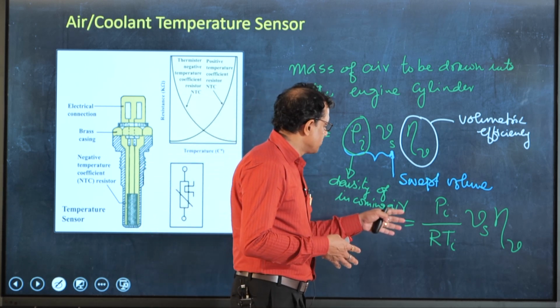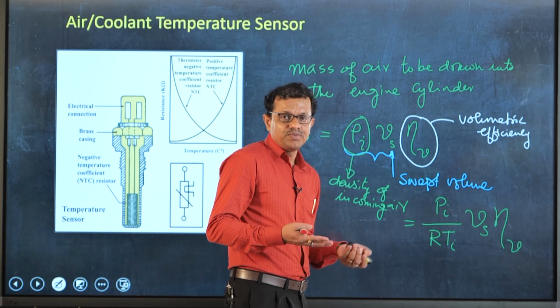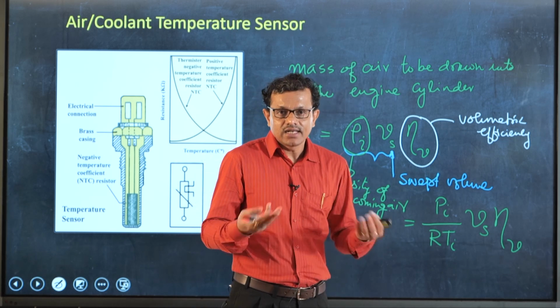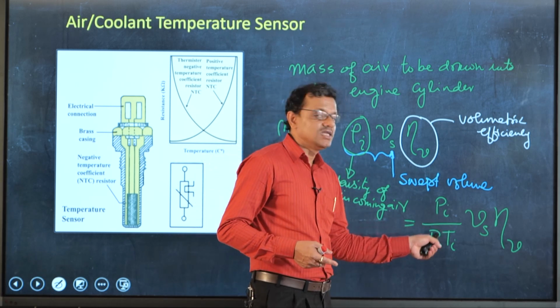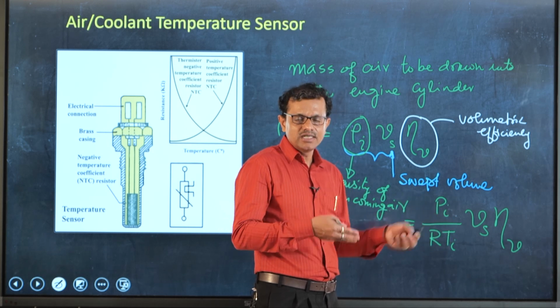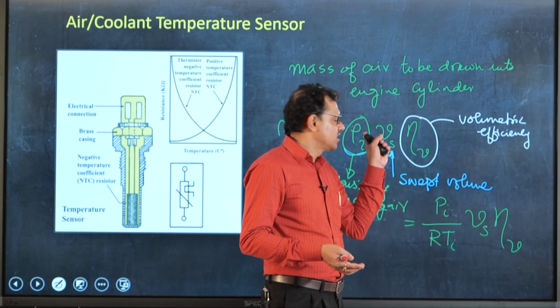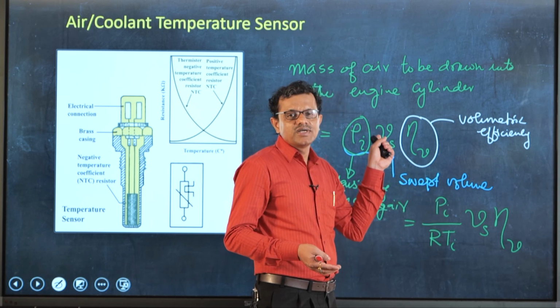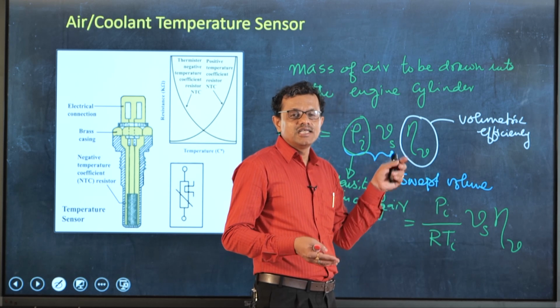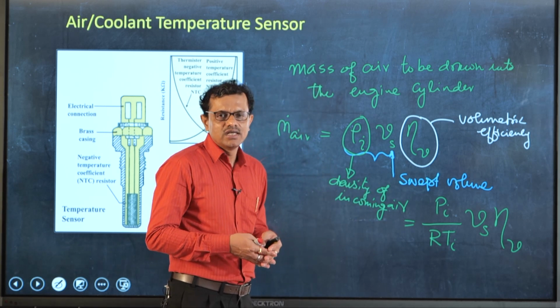But if temperature increases, which is very likely because it depends on the ambient temperature of the air taken into the engine cylinder, then certainly the mass of air drawn into the engine cylinder, even for a given throttle position and a given cycle, will be reduced.